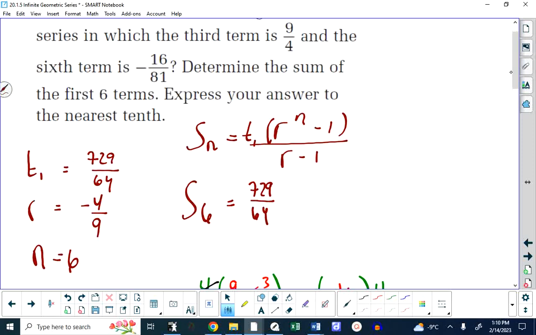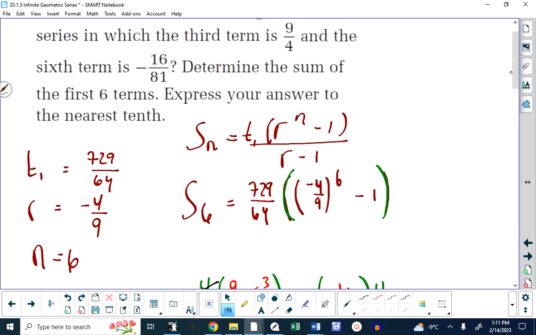And I think, you know what, the rest of my explanation here is going to revolve around how to enter this into your calculator properly, because it's going to be a mess. R to the n, well, r is negative 4 over 9 raised to the n, which is 6. Then I need to subtract 1, and make a note that those brackets are there.